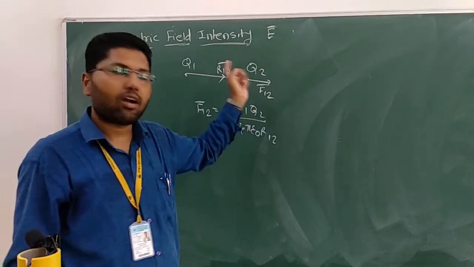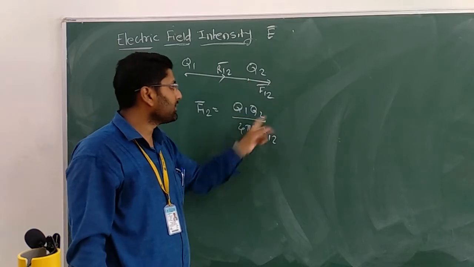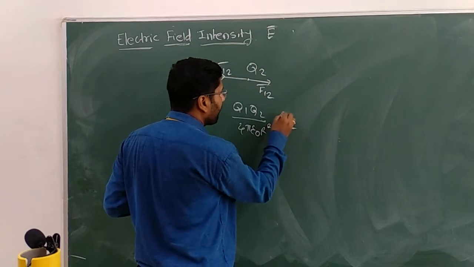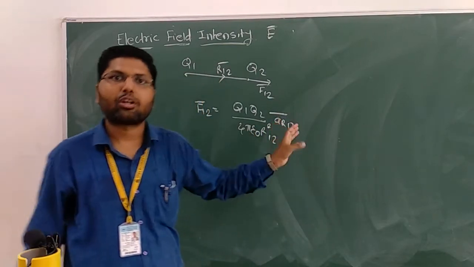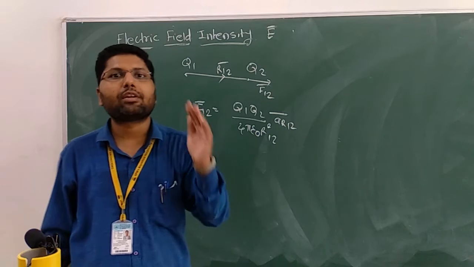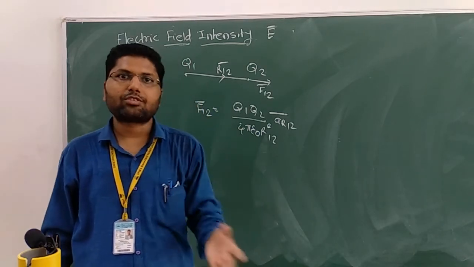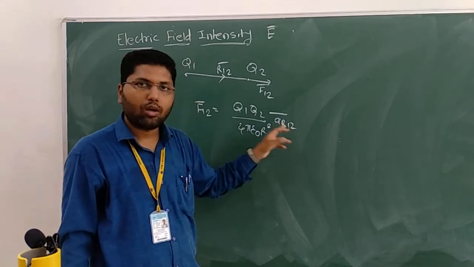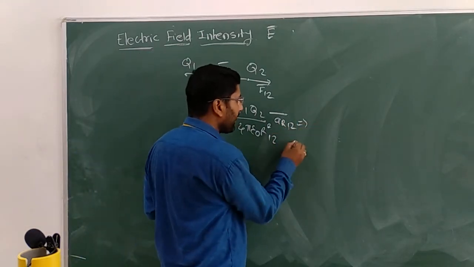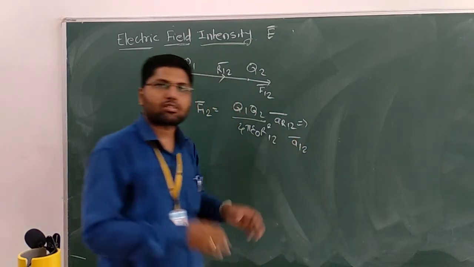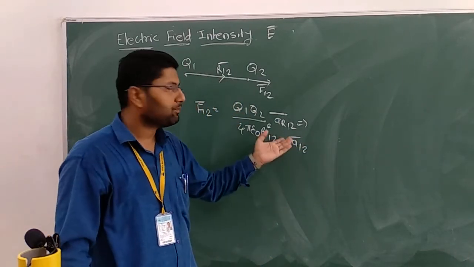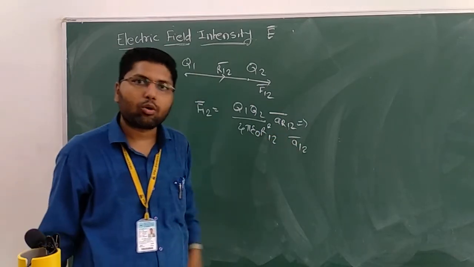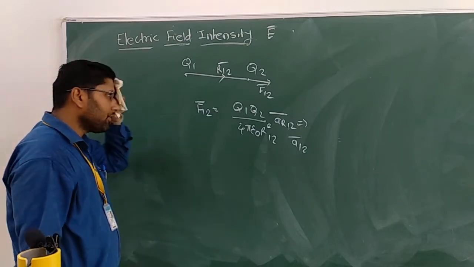So a R12 bar is the unit vector. Why do we require a unit vector? Because we require direction, in which direction you want to move. You can also write it as A12 bar, another way to write the unit vectors. That is F12 bar, the force applied.